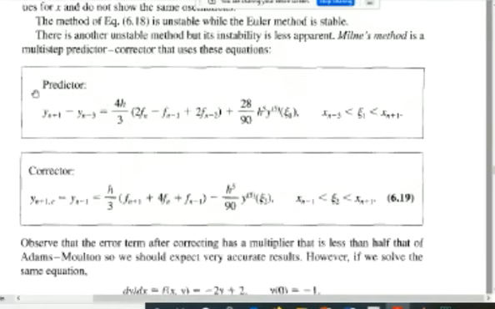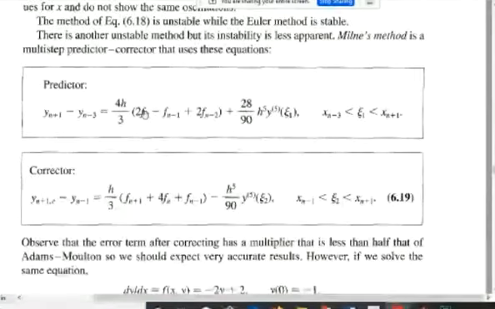The first one, we predict the value of y based on this formula. f is also y prime equals f of the function of x and y, and f_n refers to the value of f at the point of step n, for x and y at step n.